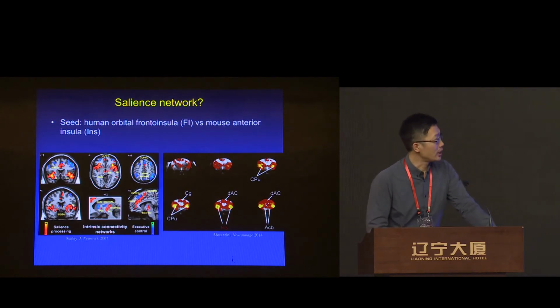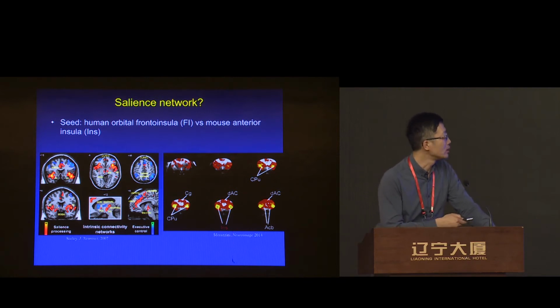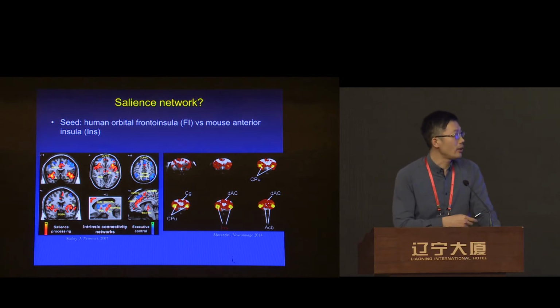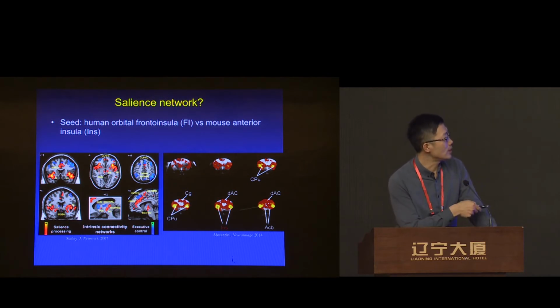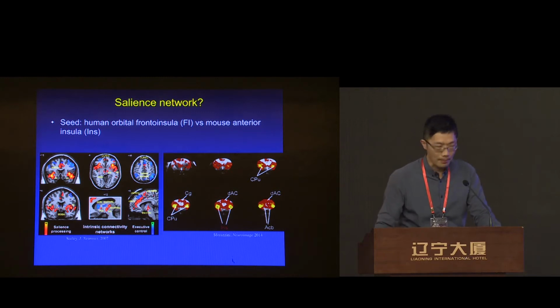Another large-scale network that has been identified in rodents is the salience network, which centers around the insular cortex. You can see a very similar kind of organization involving the dorsal anterior cingulate cortex, striatum, and so on.